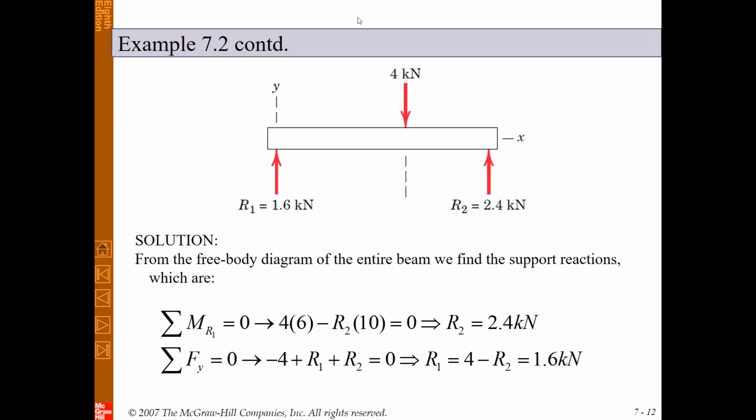Any idea? How many sections do we need to obtain the shear force and bending moment in this beam?